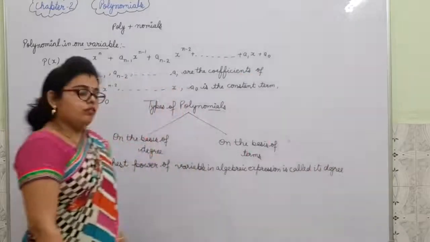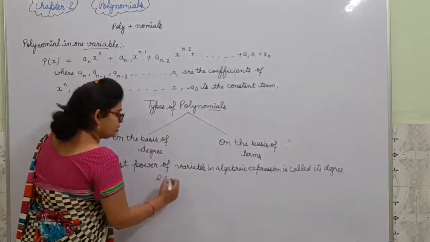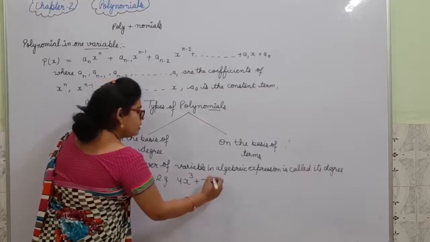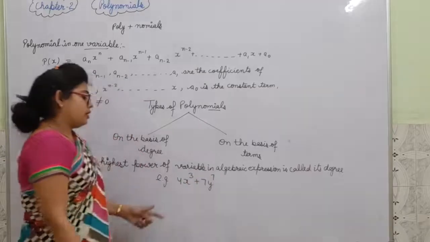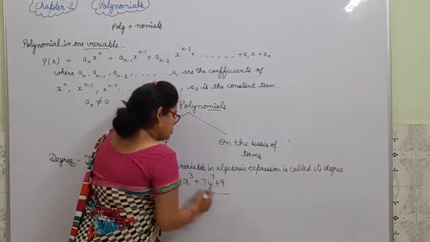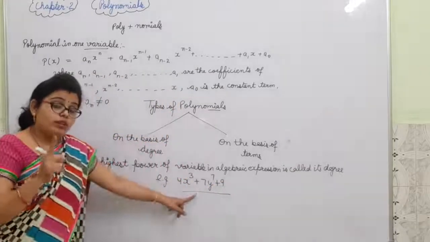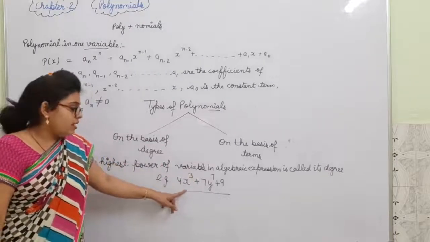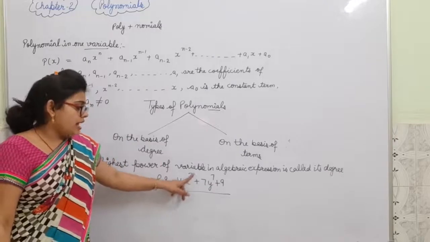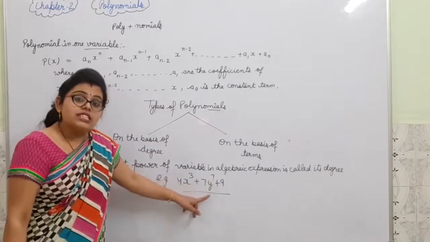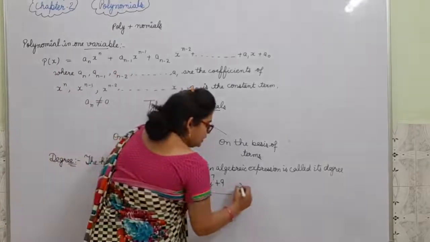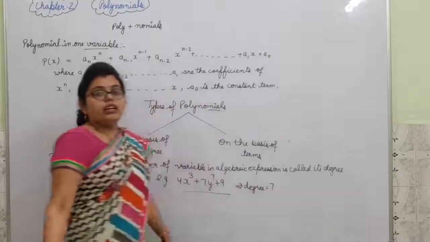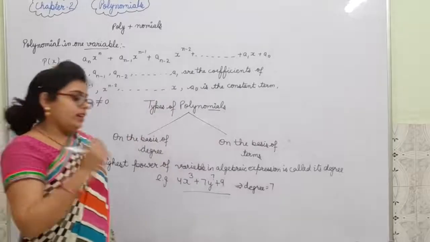For example, we have the algebraic expression 4x cube plus 7y power 7 plus 9. Dear students, it is a polynomial but not in one variable. But if the degree is asked, which one is the highest power? X cube or y raised to power 7? Yes, y raised to power 7. So in this case, the degree will be 7.